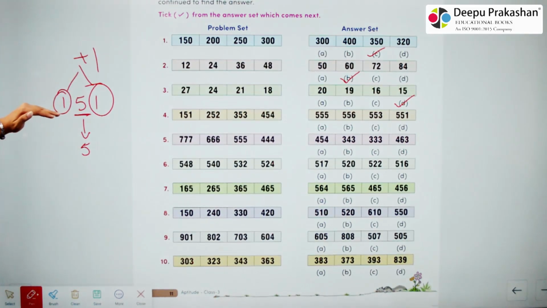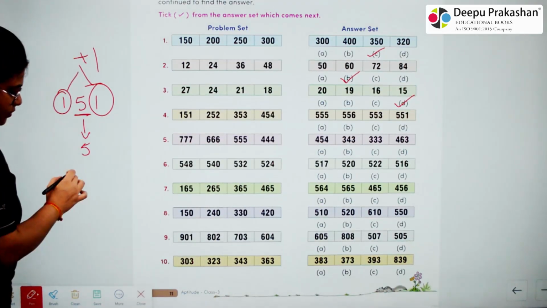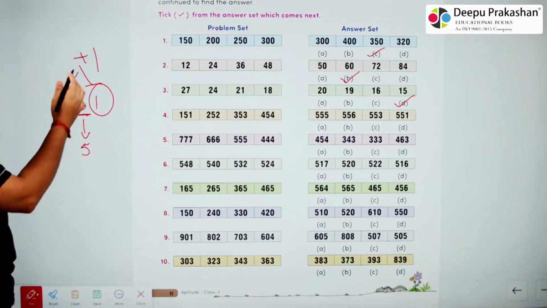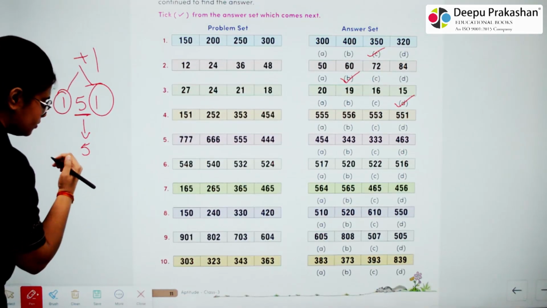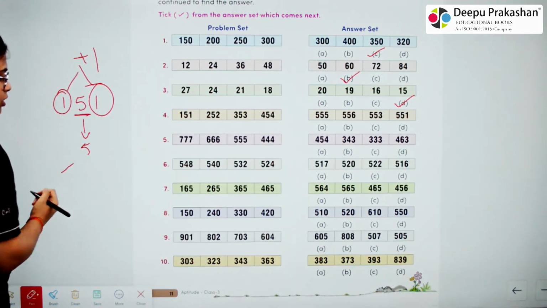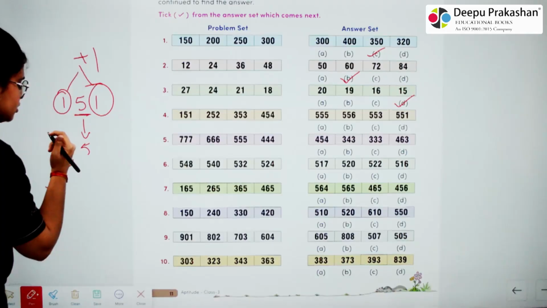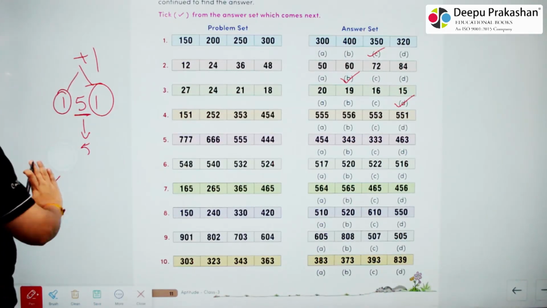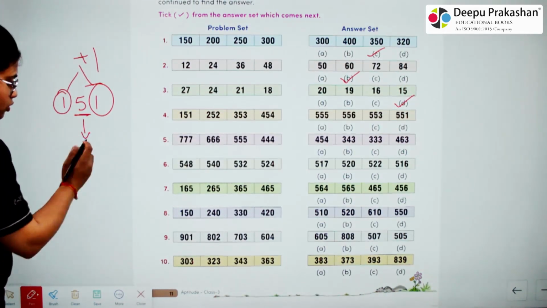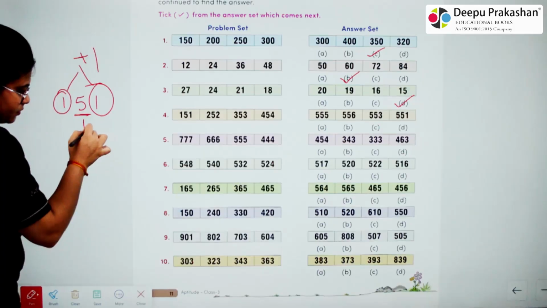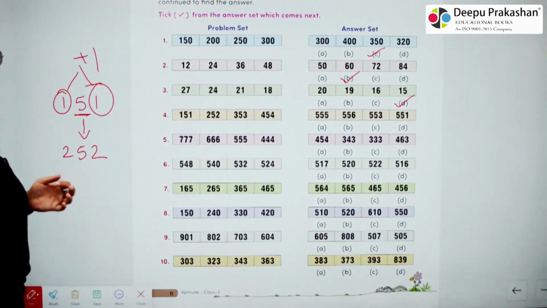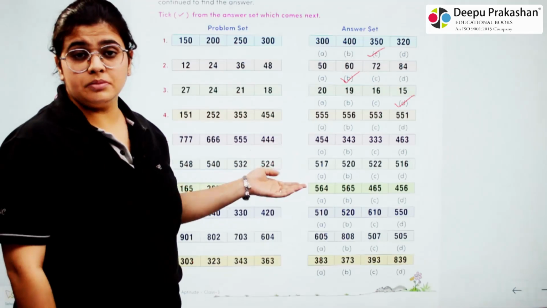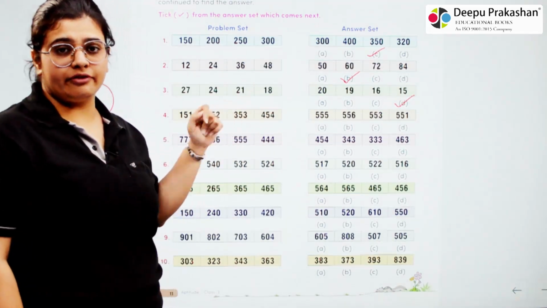First we had 151. After that, if we add 1 to 1, it will be 2, so the second number was 252.